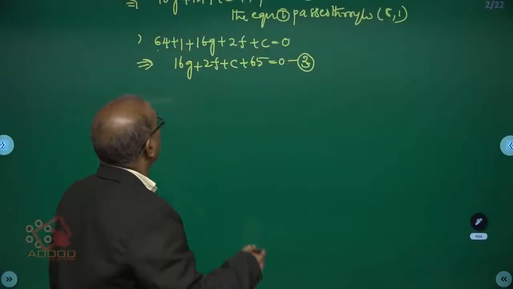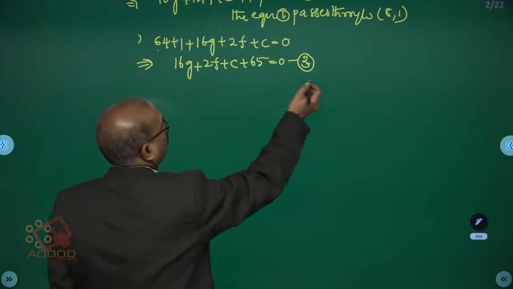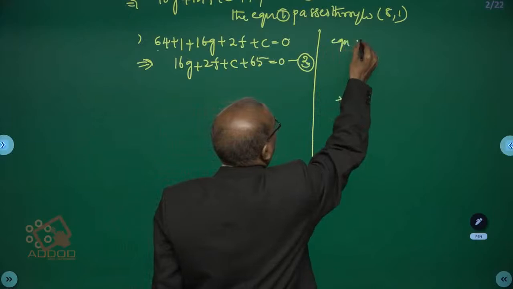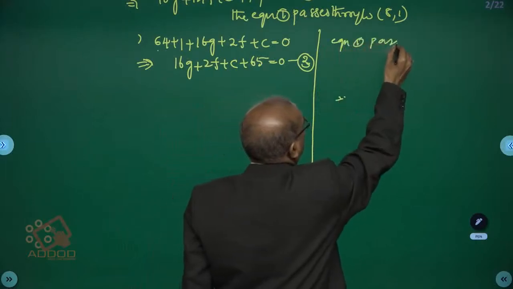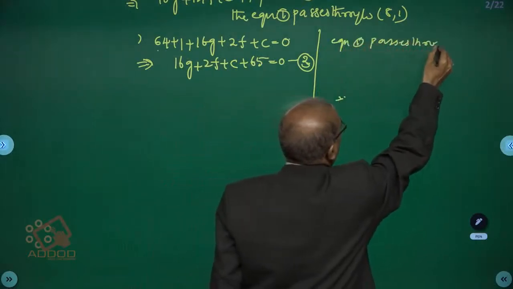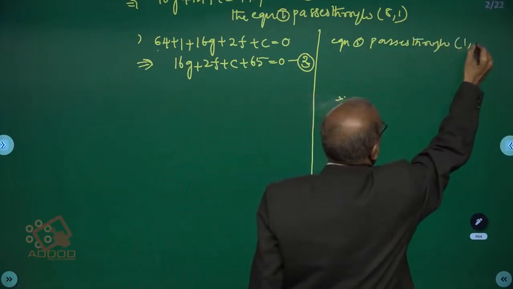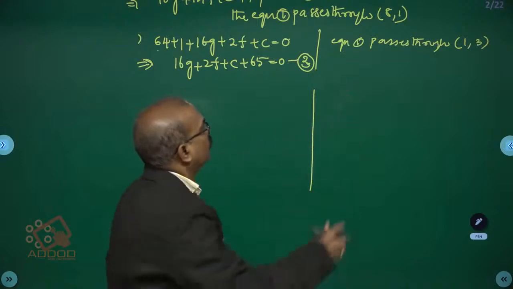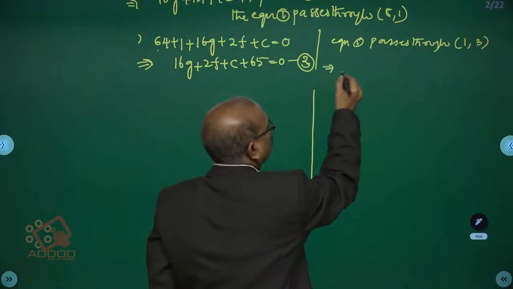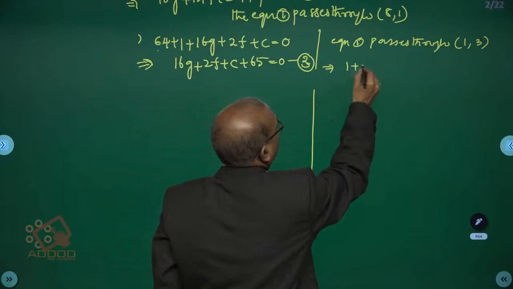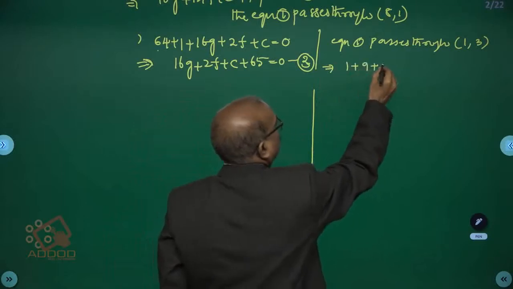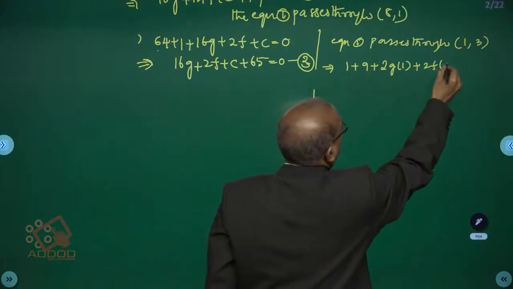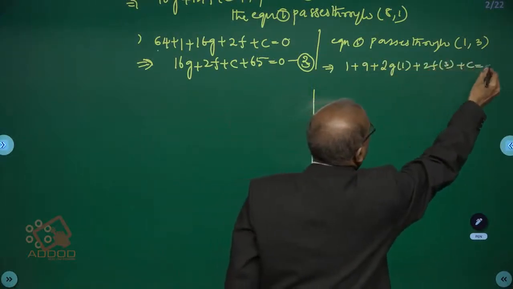Next, equation 1 passes through (1, 3). Therefore let me substitute here. 1 square means 1 plus 3 square 9 plus 2g into 1 plus 2f into 3 plus c is equal to 0.